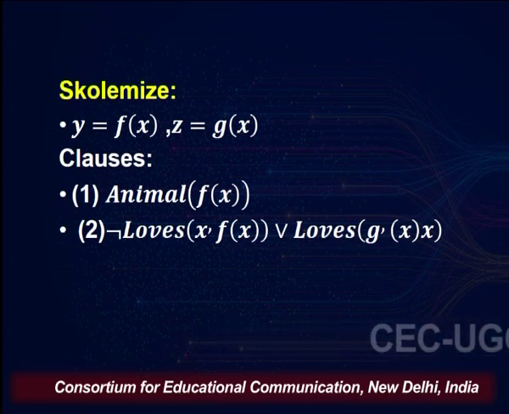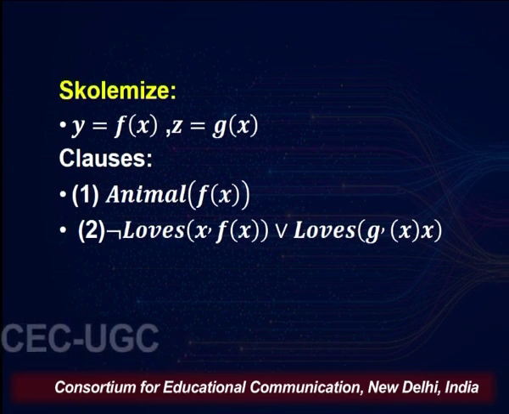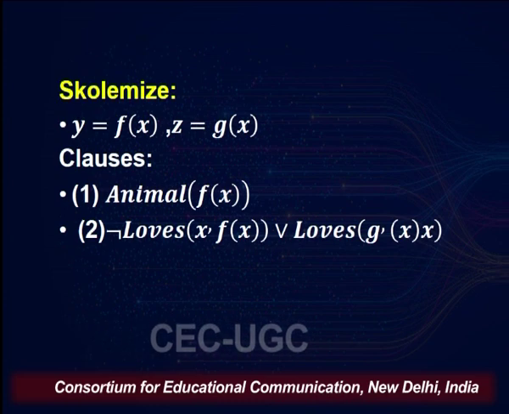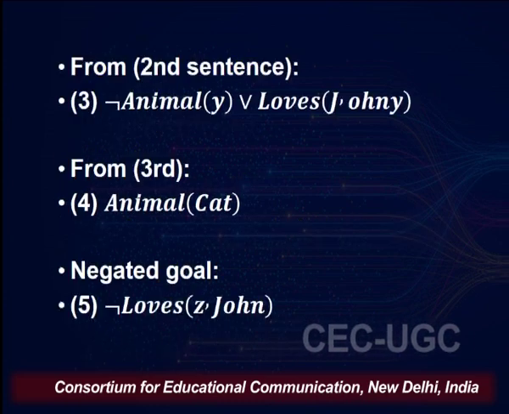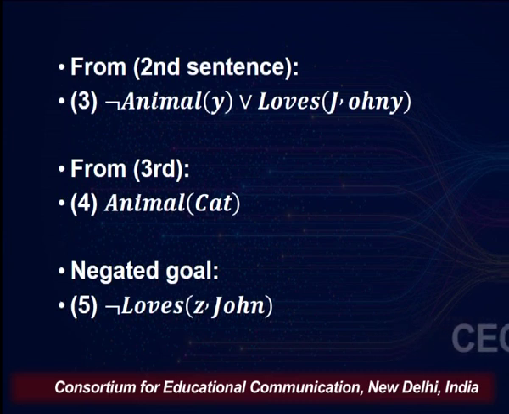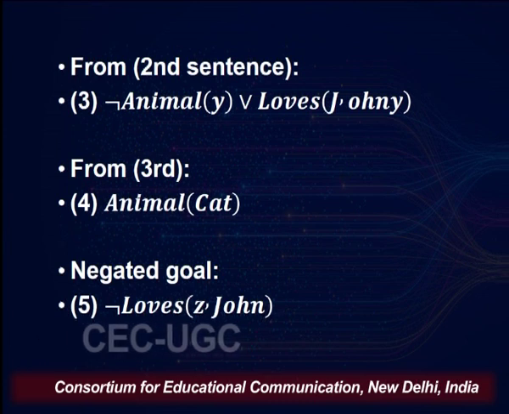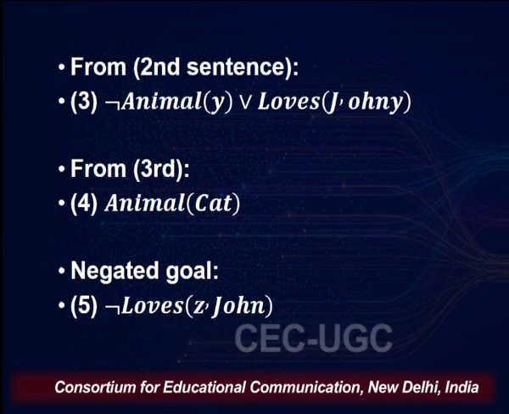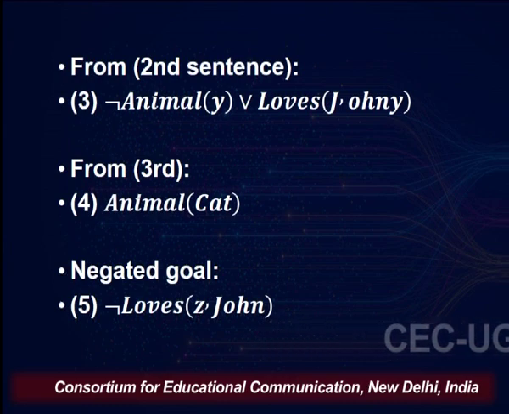First is animal(f(x)); then negation of loves(x, f(x)) or loves(g(x), x); then negation of animal(y) or loves(John, y); animal(cat); and negation of loves(z, John). This is the total set of clauses which we need to resolve.